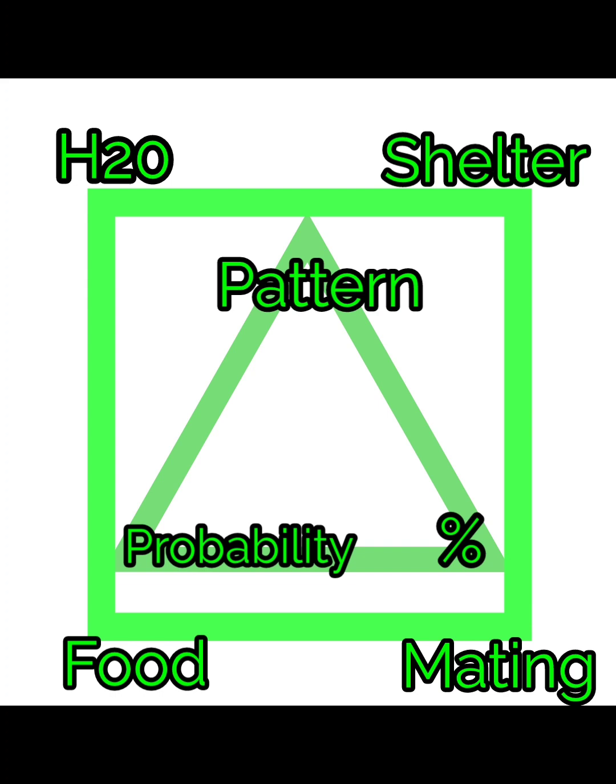If an area has water and shelter, but no food, an animal will not stay there. If an area has food and water, but no shelter or mates, then an animal will not stay there. Now, mating is the least important. Food, water, and shelter are the big 3.